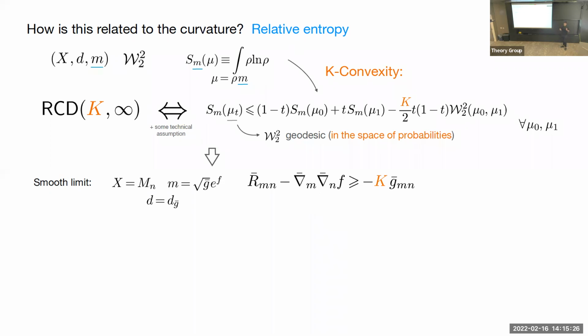But I guess I'm also asking if you're suggesting that the Ricci tensor has some entropic interpretation. That's a very good question. It would be very nice if there is some deeper connection here, which I don't know. It seems there is something, at least it's non-trivial that this implies this.